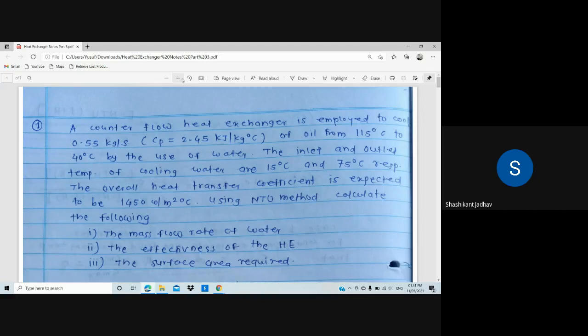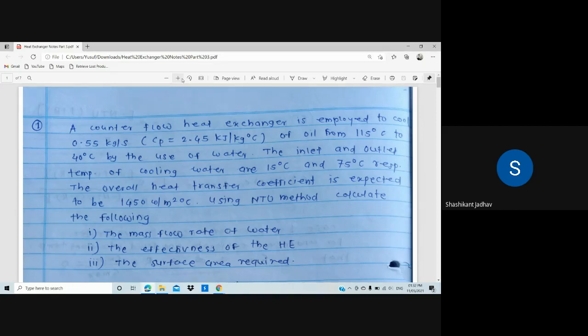Using NTU method, calculate the following. First, the mass flow rate of water.